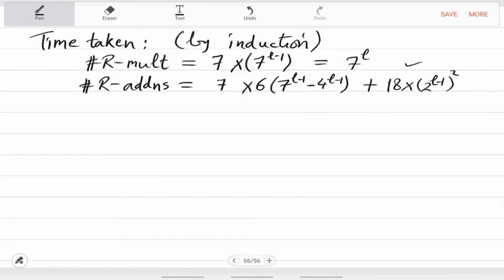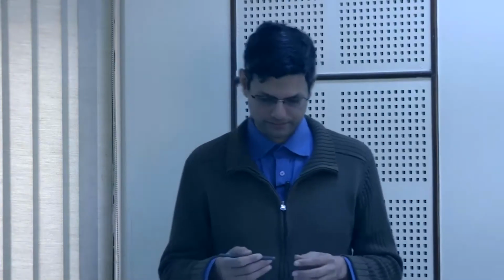First look at 18 times 2 raised to L minus 1 squared. Right, what is this? So these are the 18 additions which you do in Strassen itself. Right, that is the number 18. And all those are n by 2 by n by 2 matrices. So that many ring R additions. What is the first part? The first part is for the recursive calls. You are making 7 recursive calls, and in each recursive call that many additions.